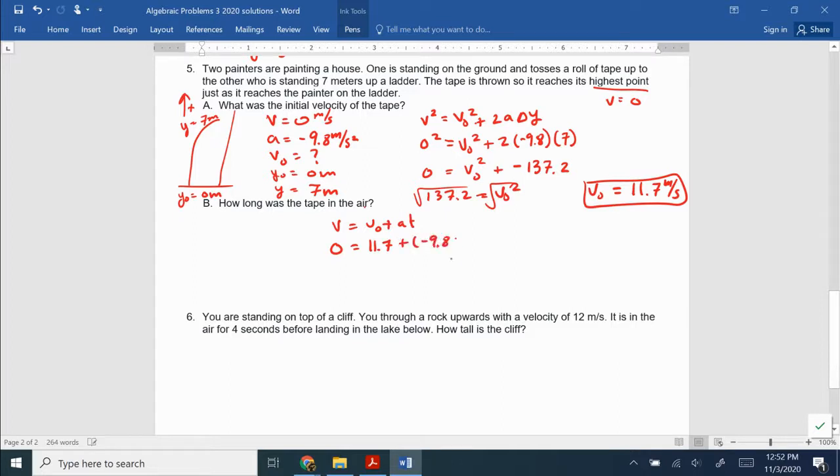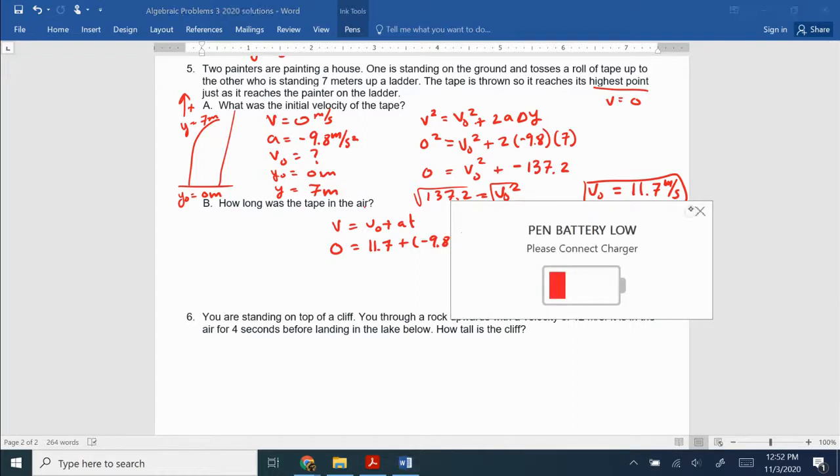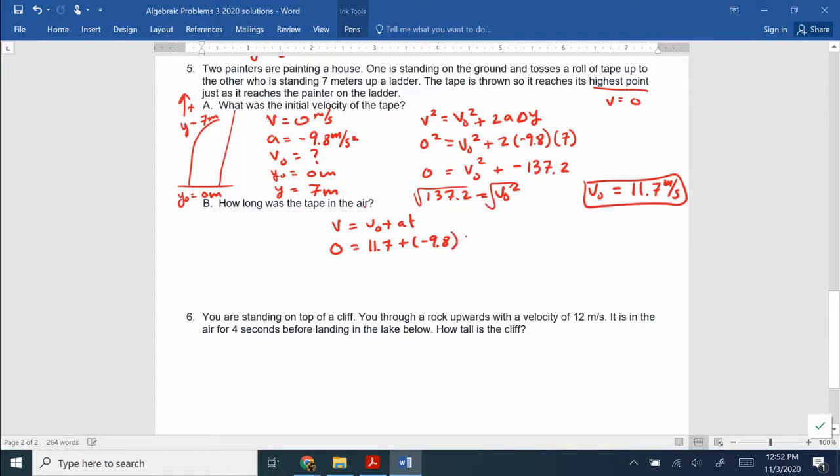Acceleration is still negative 9.8. We're looking for t. So 9.8 t is equal to 11.7. So divide by 9.8. 11.7 divided by 9.8 is going to give you 1.2 seconds.